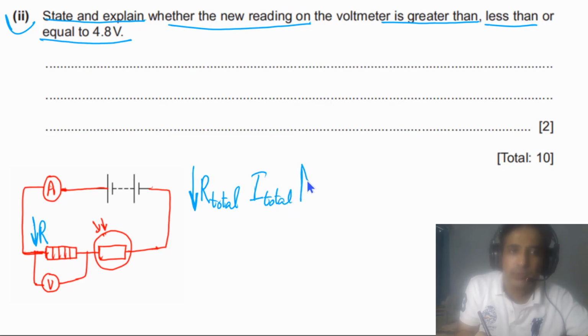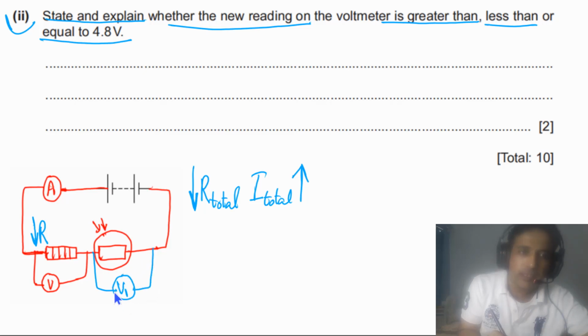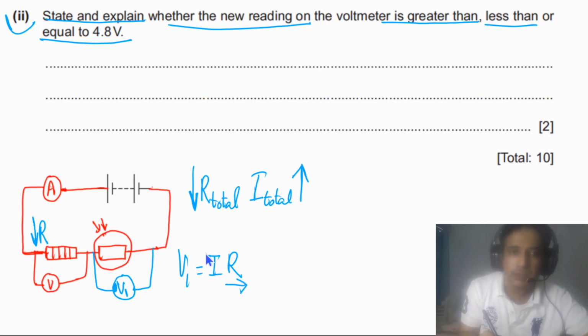If I total in the circuit increases, then if we connect a voltmeter, let's say V1, across this LDR, the resistance of the LDR is not changing. So V1 will be equal to I times resistance of LDR. As resistance of LDR is not changing but current in the circuit has increased, V1 will increase.